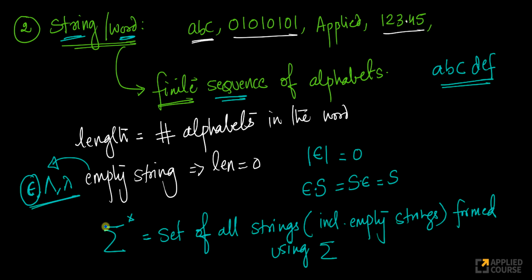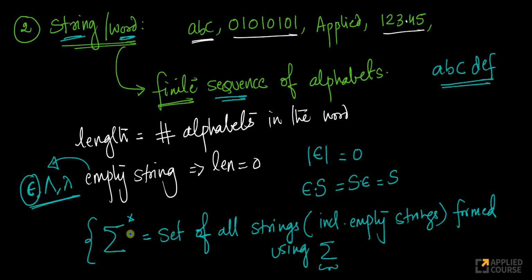So given an alphabet sigma, sigma star is the set of all strings that you can form using the symbols in your alphabet, right? I hope this is clear.